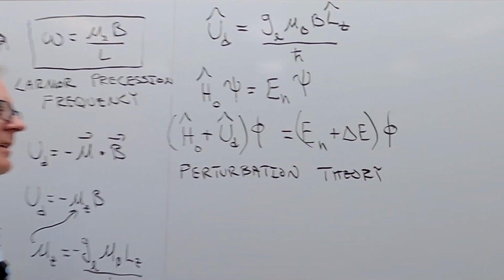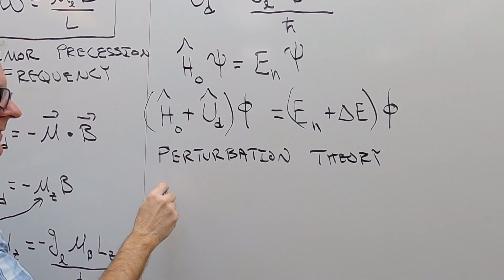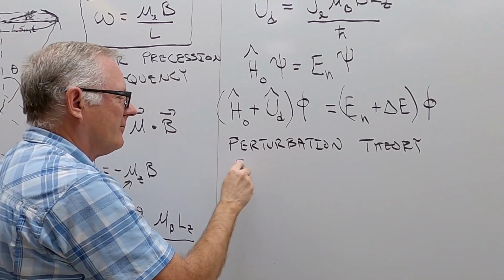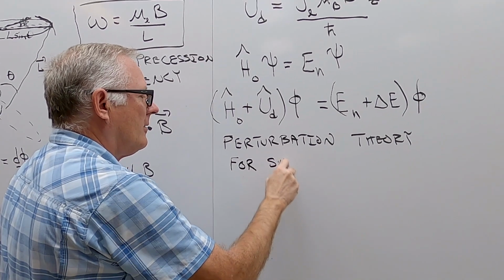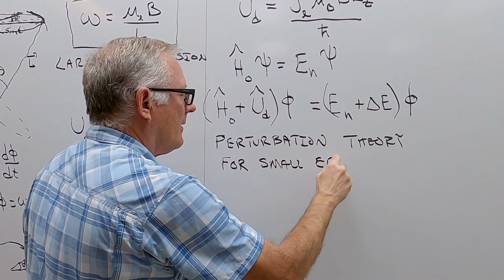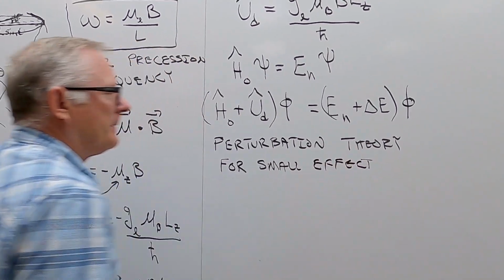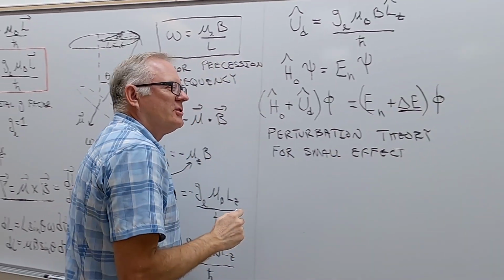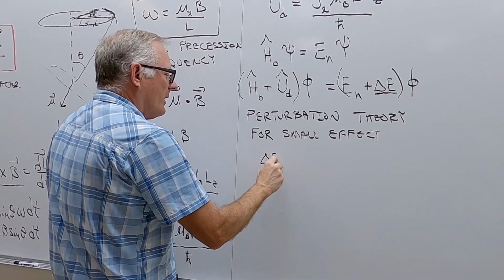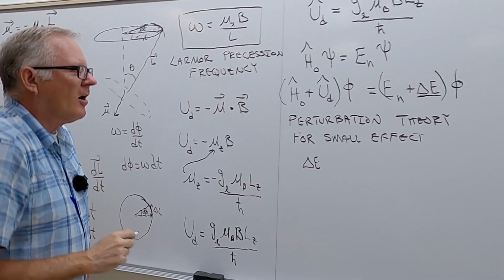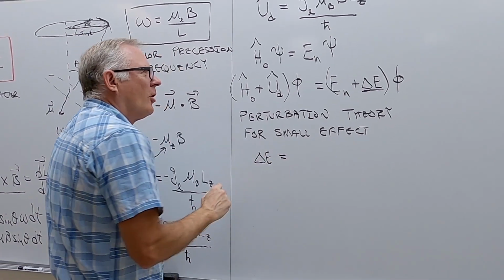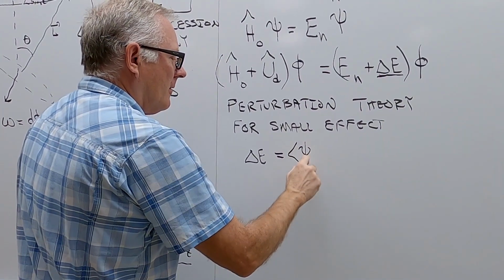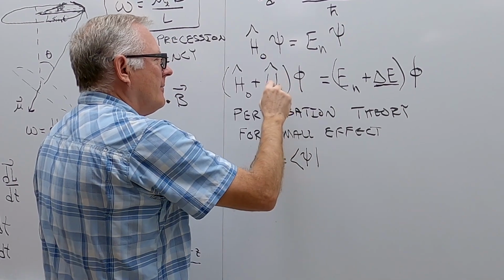It says that if whatever you're adding is a small effect, then if I want to get how much the energy is going to shift, delta E, because that's really what I wanted right here, all I have to do is go back to my original wave function, which I know, and just sandwich in my U_D.